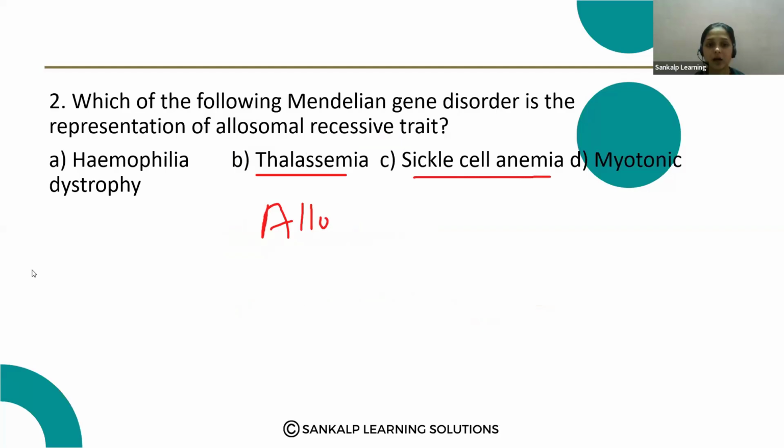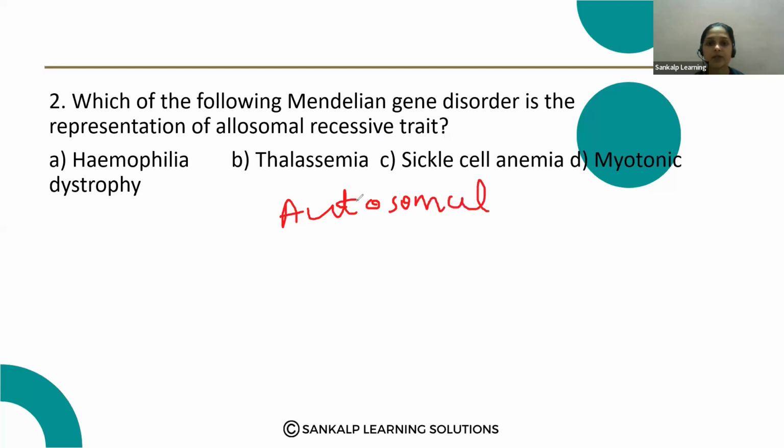They are called autosomal recessive disorders. Myotonic dystrophy is an autosomal dominant disorder. Got it? So the correct answer is hemophilia.